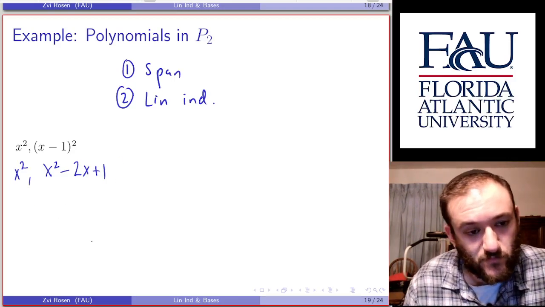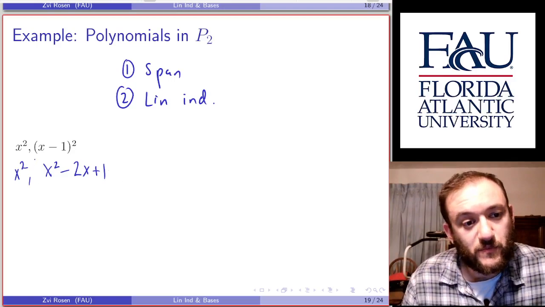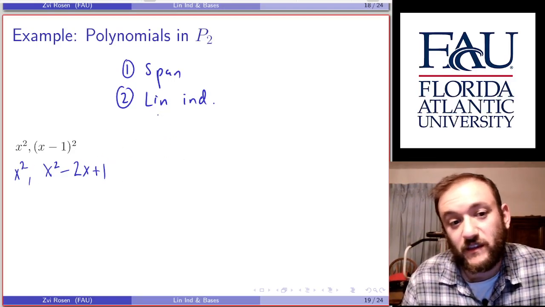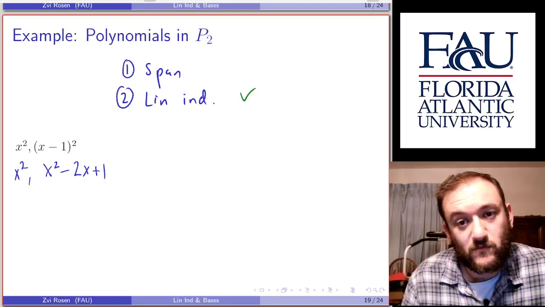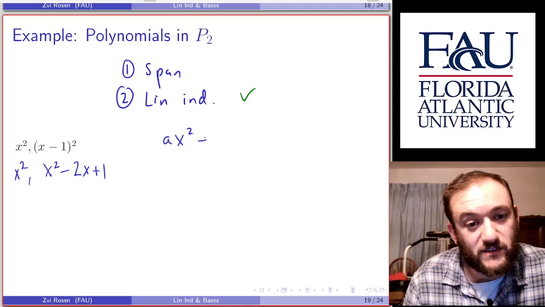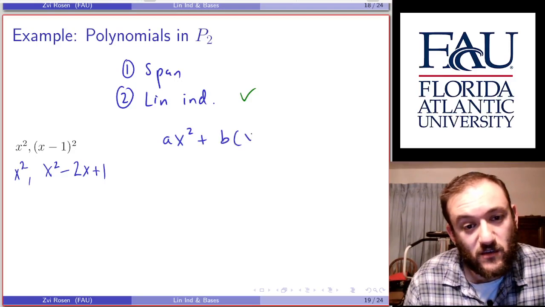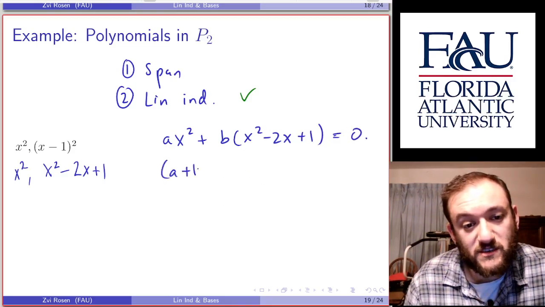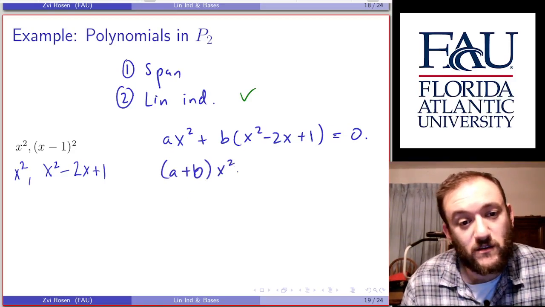The first thing to observe is that this is certainly linearly independent. Because if we have a x squared plus b (x squared minus 2x plus 1) equals 0, we know that a plus b has to be equal to 0, because that's the coefficient of x squared.